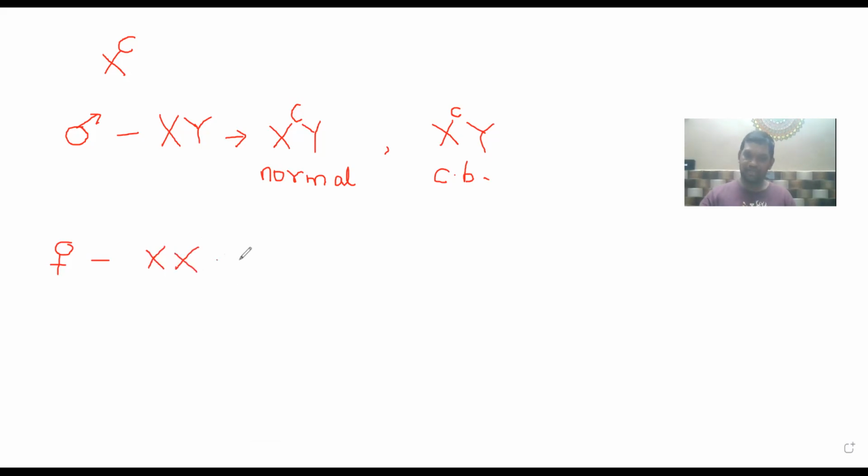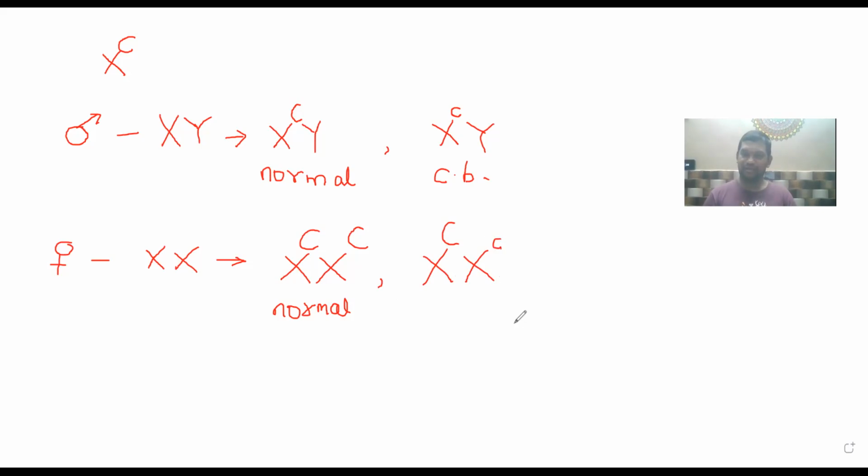If both X chromosomes have the dominant allele for color blindness, homozygous dominant, then the female is said to be completely normal. The other option is again XX, the heterozygous condition.